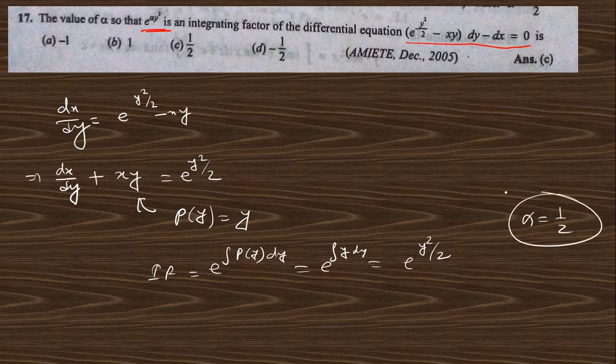So this is dx/dy plus xy equals e to the power y square by 2. So this is the P of y actually. So the integrating factor will be e to the power integration P of y dy, that is e to the power integration y dy, that is e to the power y square by 2. So if you compare this to that, you can easily say alpha equals half.